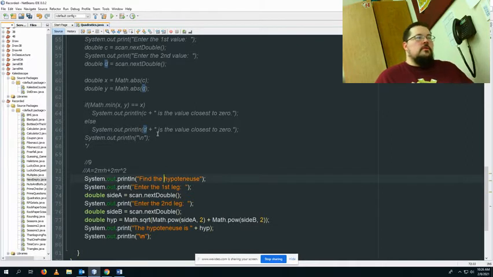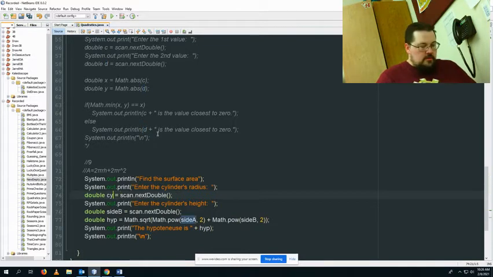Okay, so surface area, radius, height, cylRad, cylHeight. Okay.